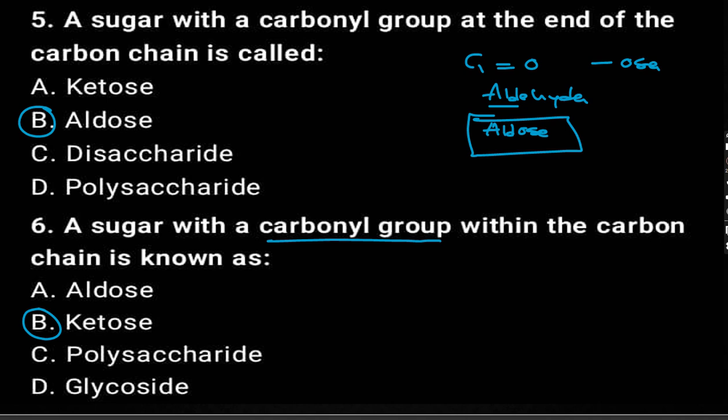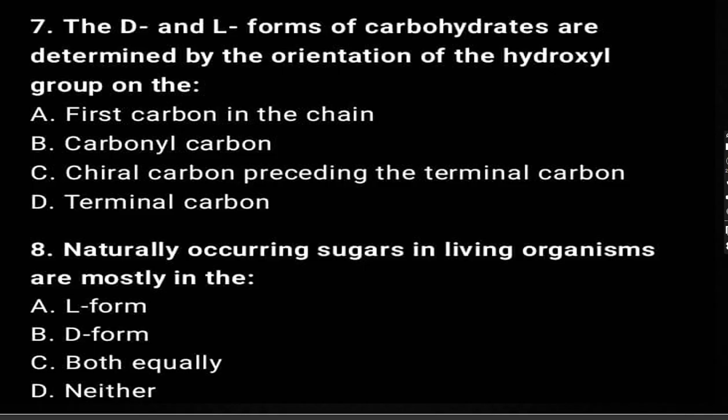This is what I was talking about: the functional group in that position is the ketone, but the carbohydrate is going to be called a ketose. Exam questions, guys, you are going to tell me that you find these questions in your tests and exams.